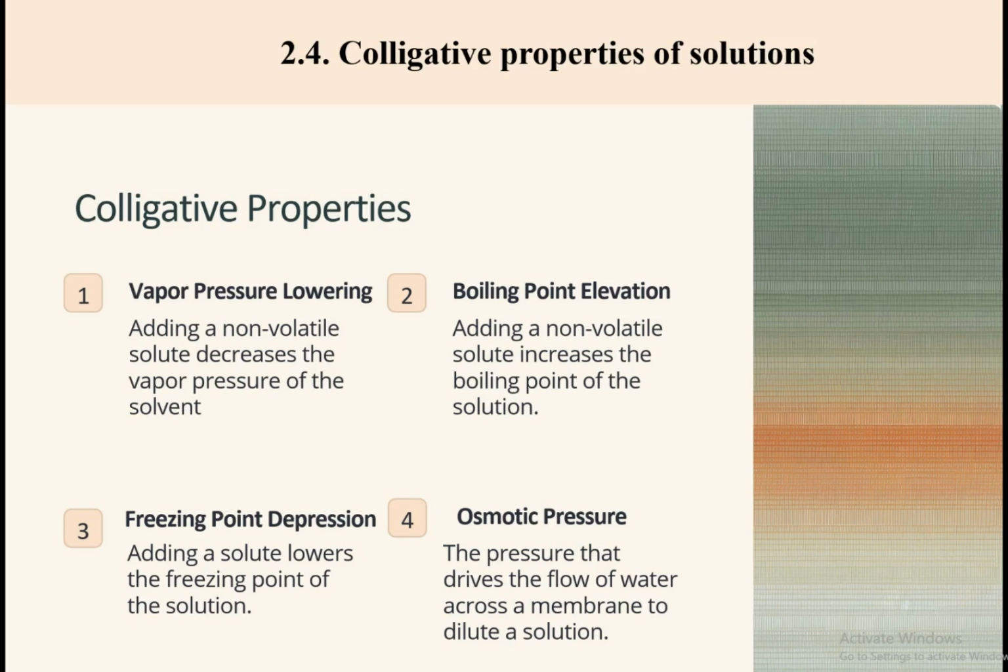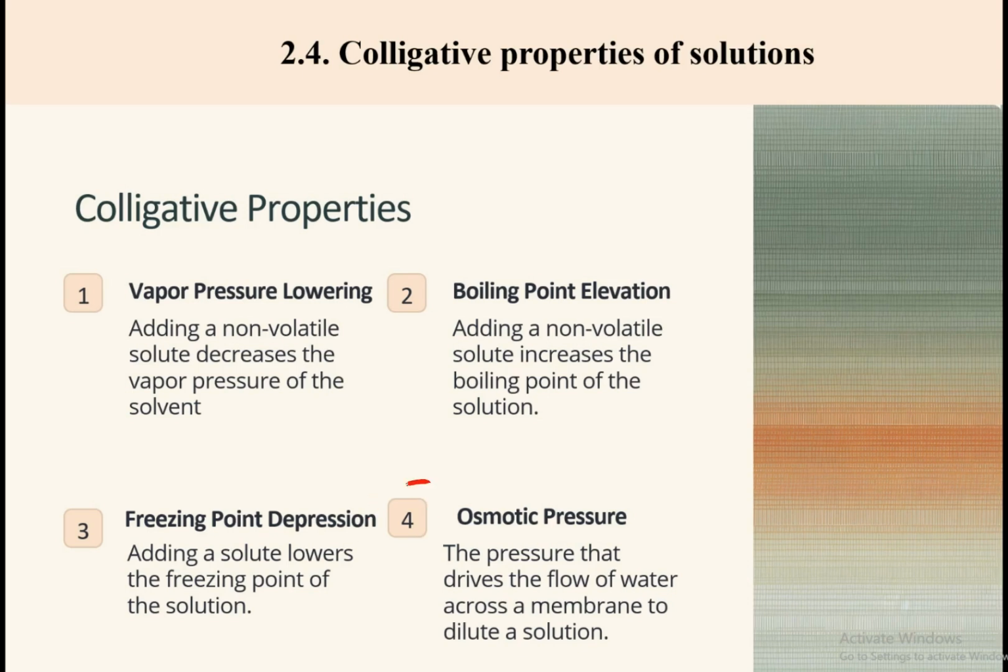Upon the addition of a solid, the freezing point becomes lower. If one adds much solute, then the degree of depression becomes high. So it's dependent on the amount of solute added. That's why it is said to be colligative property.